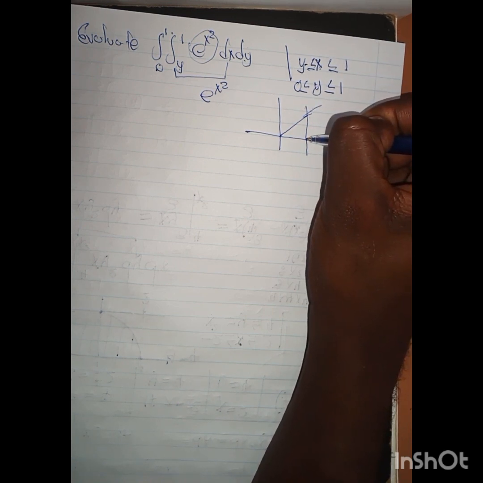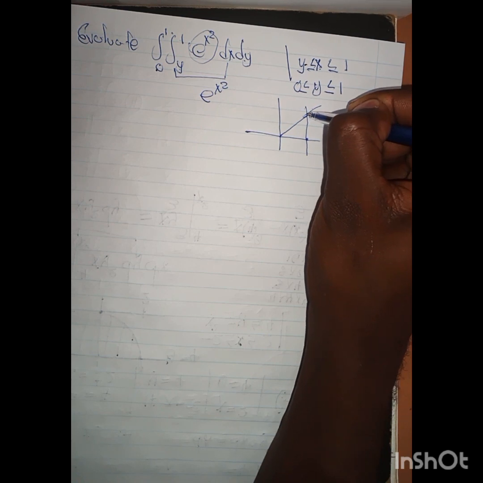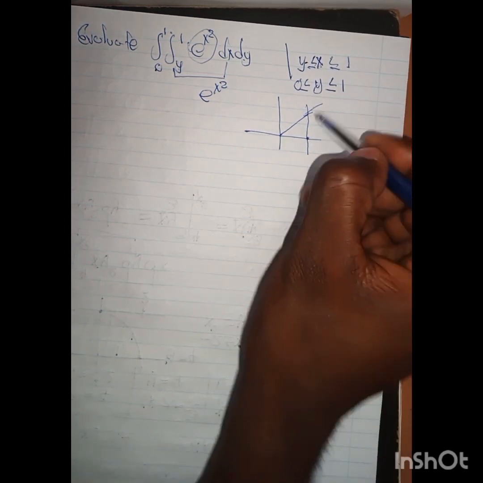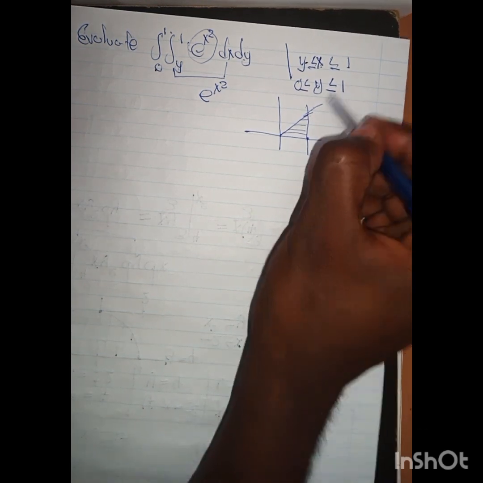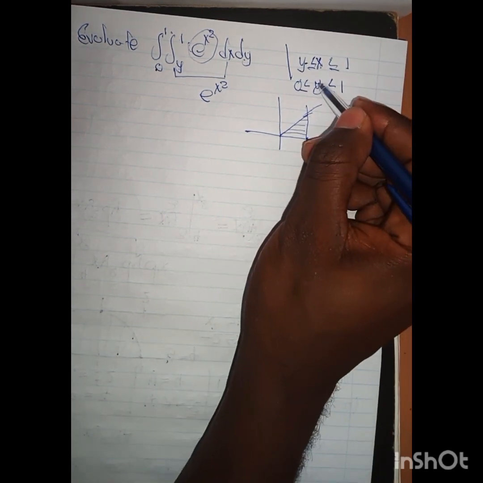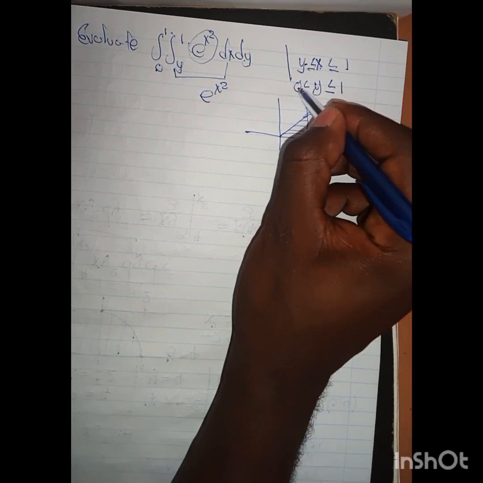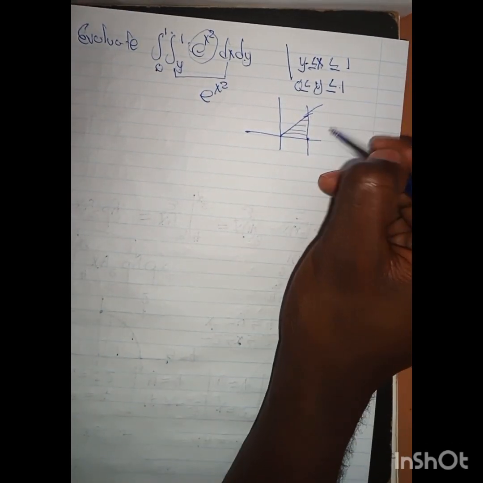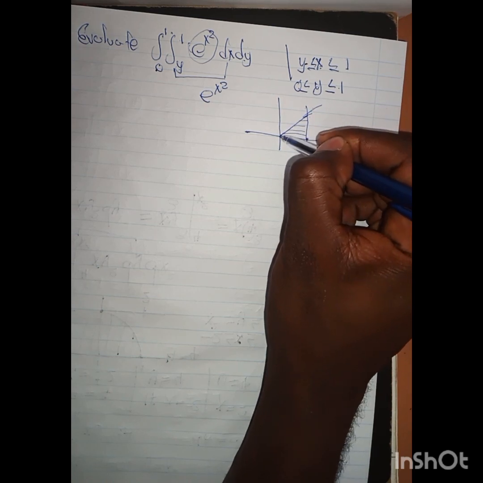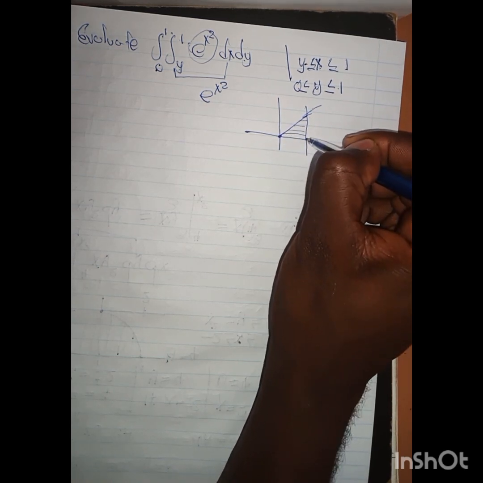So we are going to shade this side. And then you can see that y starts from 0 to 1 according to this limit. This is the point. Y will start from 0 to 1.